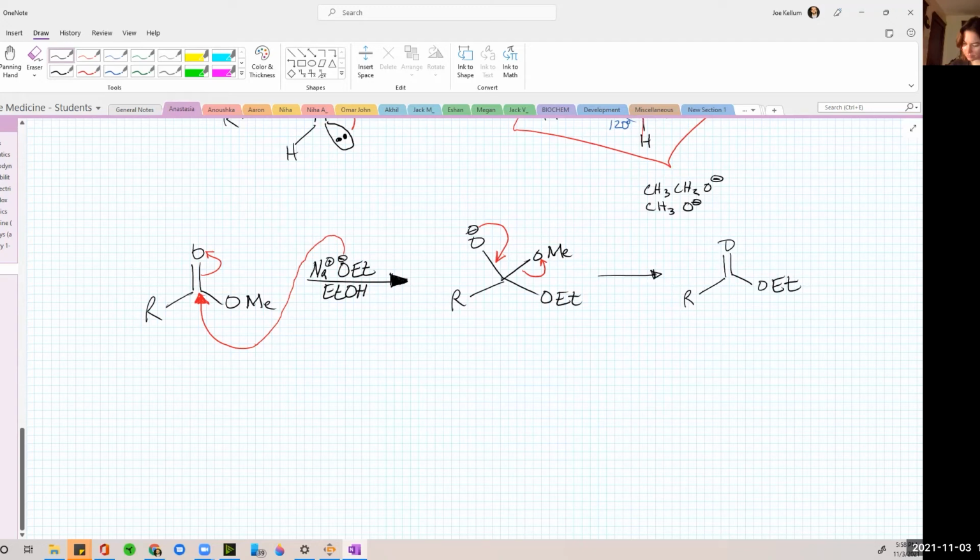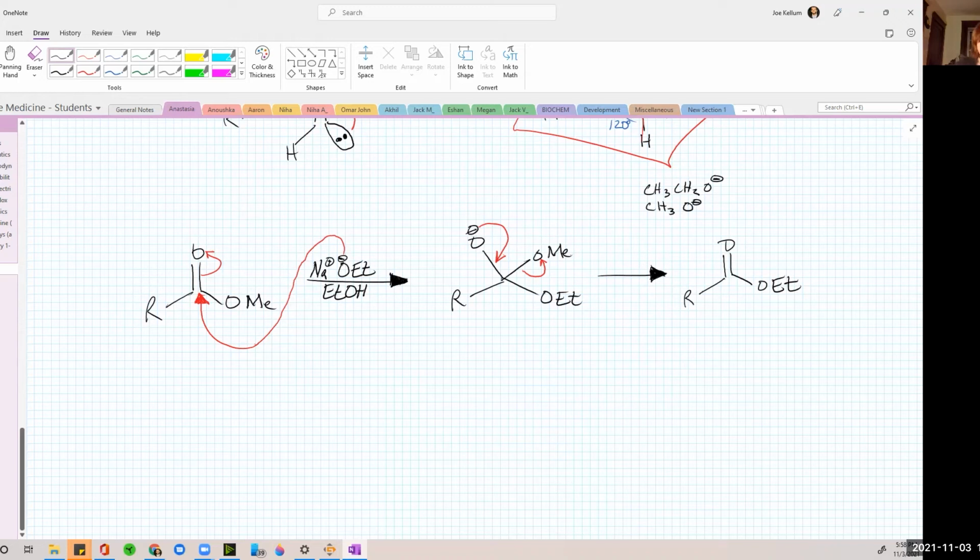But how do you know that you end up with this product? Because for the same reason that those two are about equally acidic, they're also about equally good leaving groups. They're about the same, right?